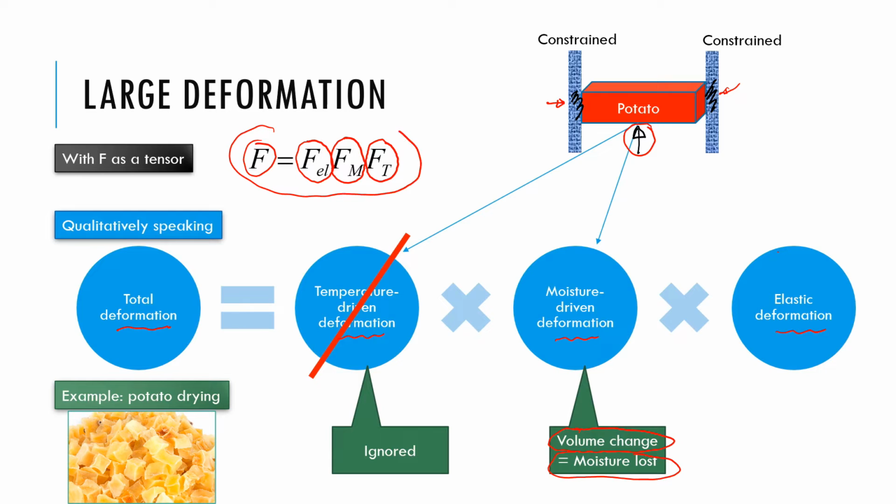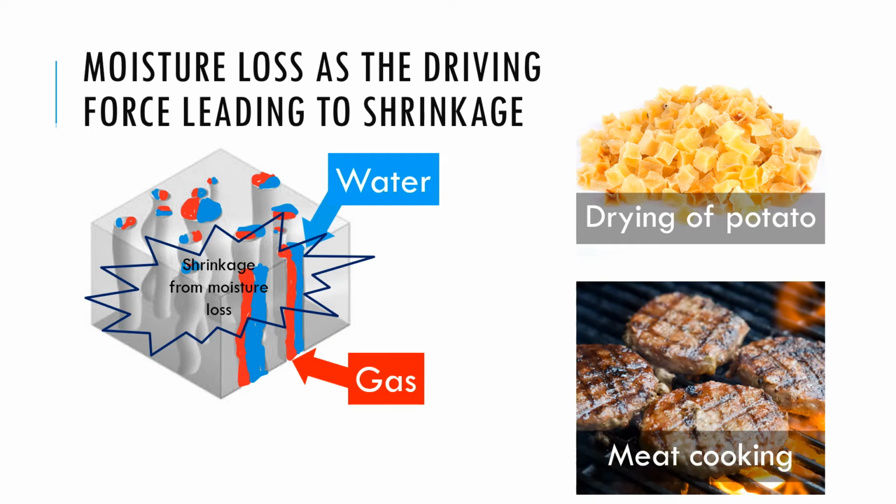Likewise, for small deformation, these are added together as said in the previous slide. So here are two more examples of moisture loss as the driving force leading to shrinkage. One is what we already discussed, that's the drying of a potato.